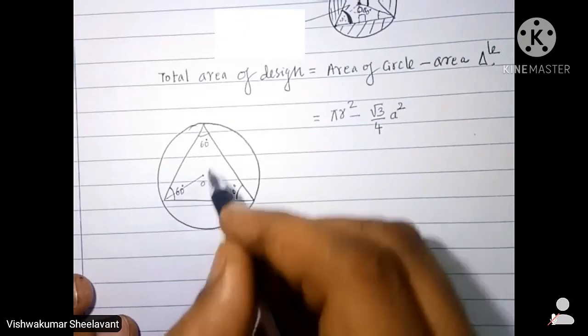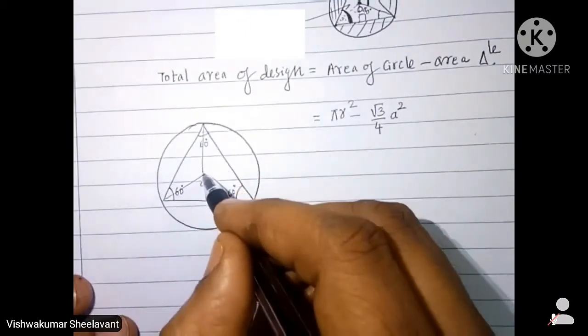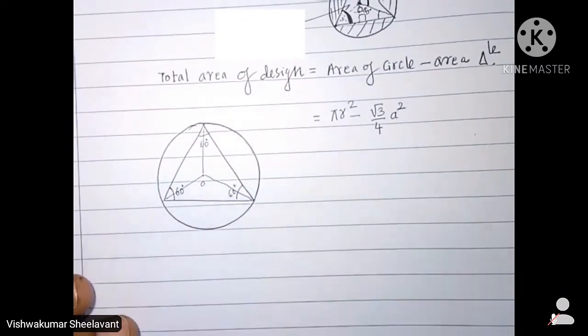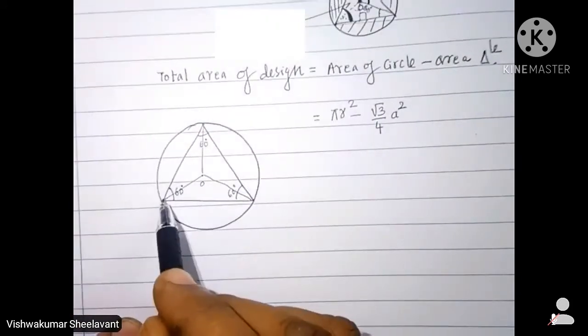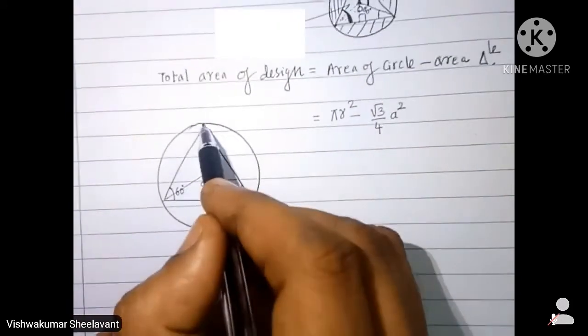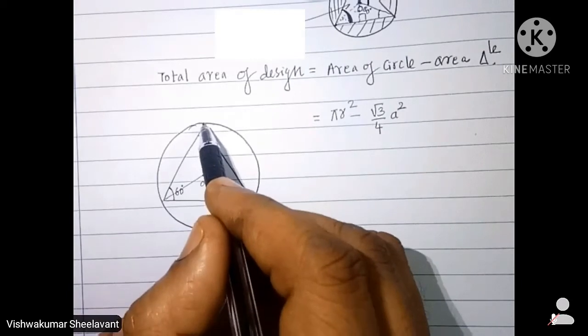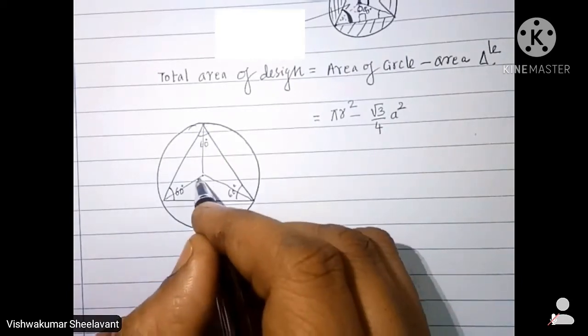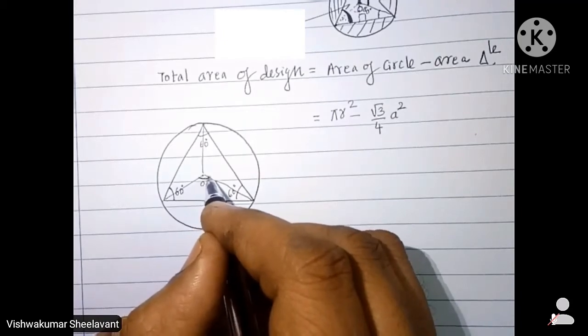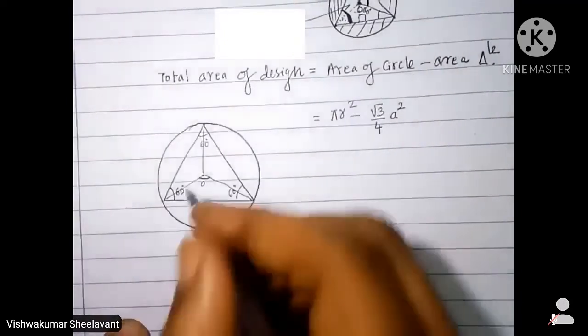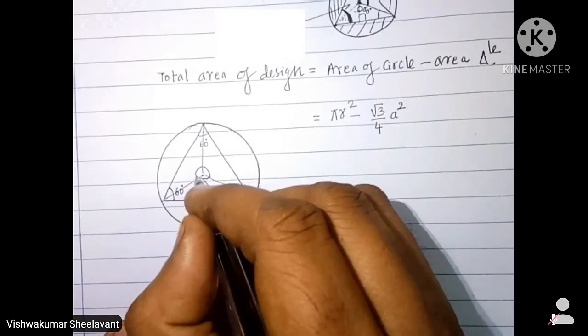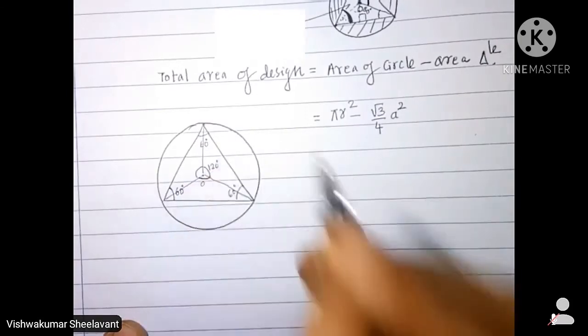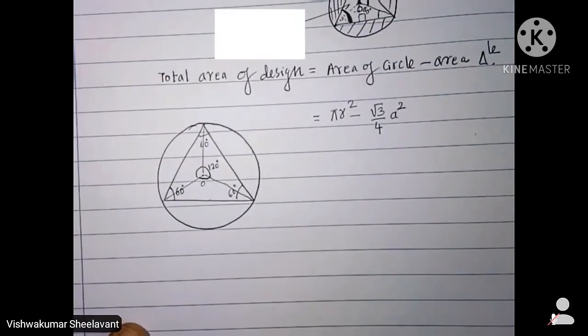If it is the center of the circle, now this chord has subtended 60 degree at a point on the circle. Therefore, this chord will subtend 120 degree here.